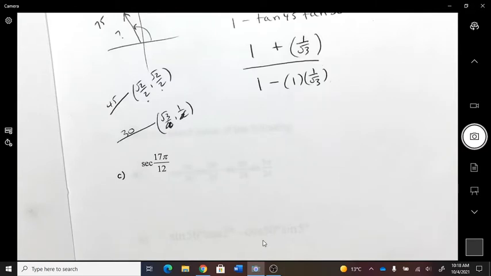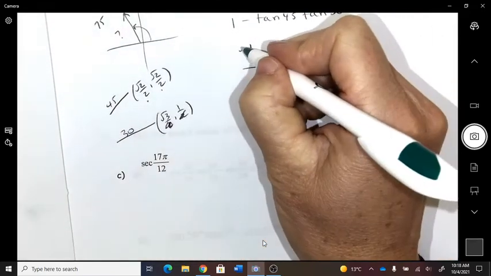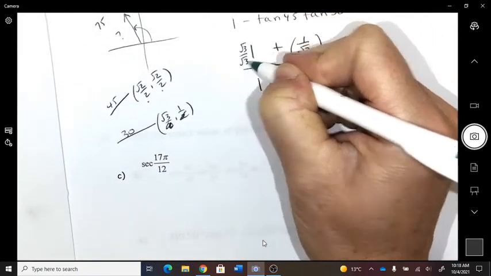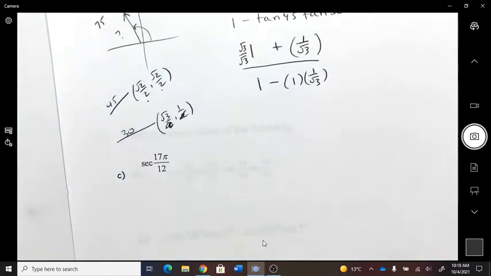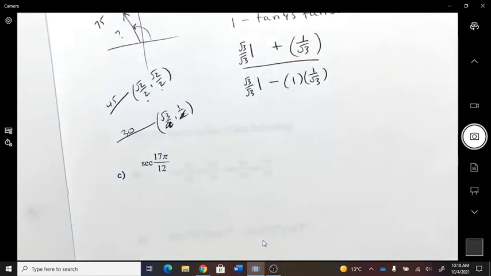Okay, now I'm going to go common denominator. So if this had a root 3 on the bottom, I'm going to turn this into a root 3 over a root 3. So I'm just making the 1 look different.